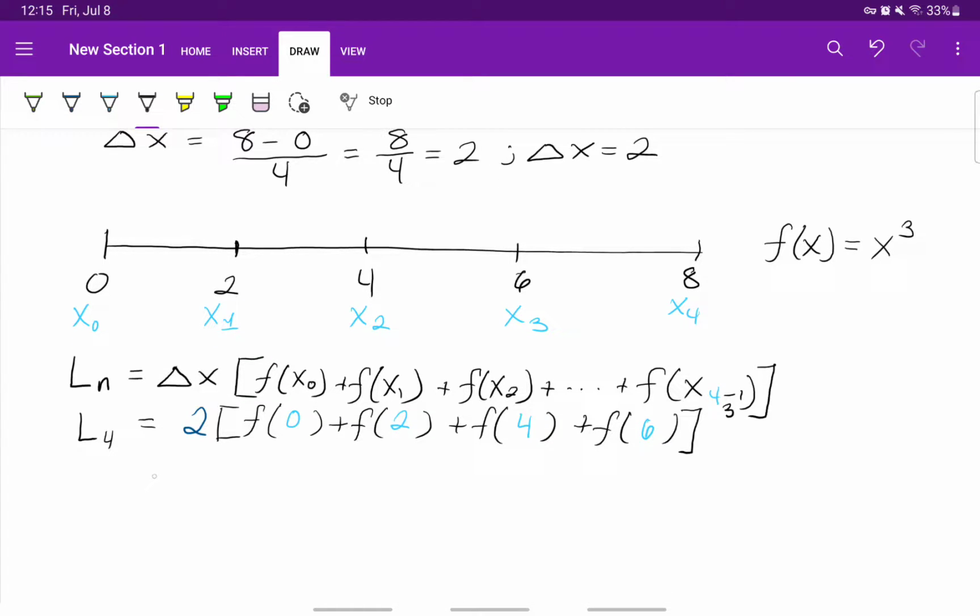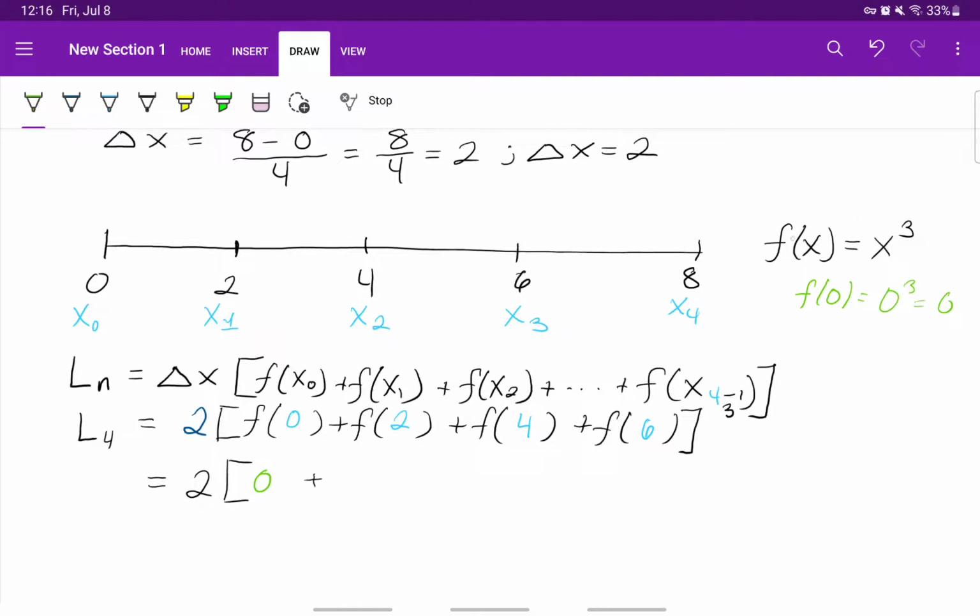So this is 2 on the outside. f of 0. Well, if I plug 0 into x to the third, f of 0 is 0 to the third, and that's just 0. And I encourage you guys to use your calculator. The reason why I can't use mine is because my tablet is too hot. Anyways, f of 2.